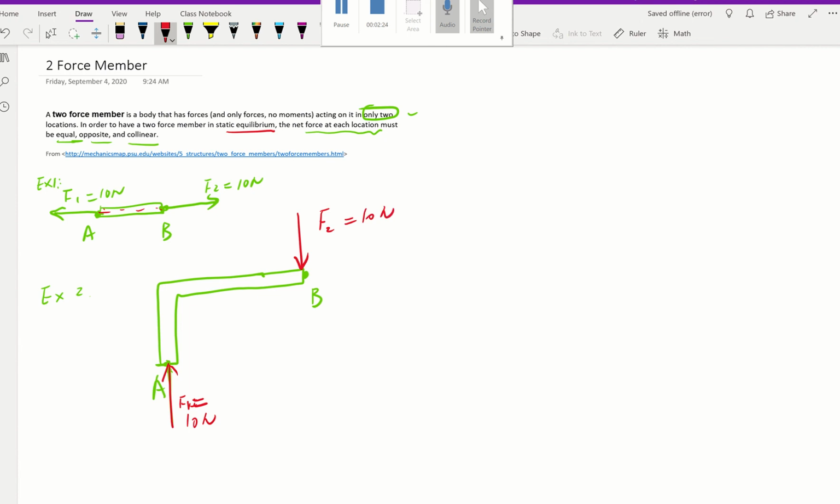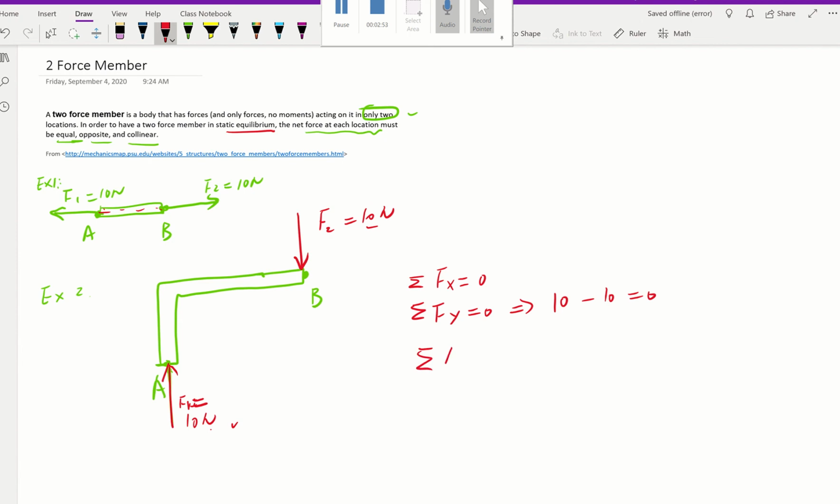Do you agree? By equilibrium we mean the sum of forces in x equals 0, which is right for this situation because there are no forces in the x direction. The sum of forces in y equals 0, that's correct because this one is going upward, so it's positive 10, and this one is going downward, minus 10. That's indeed equal to 0.